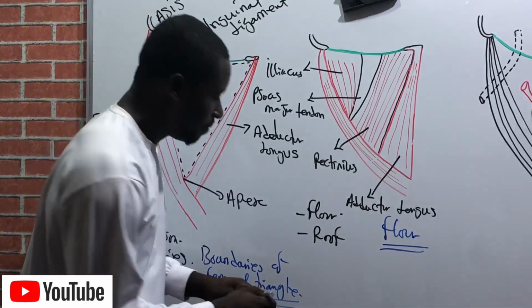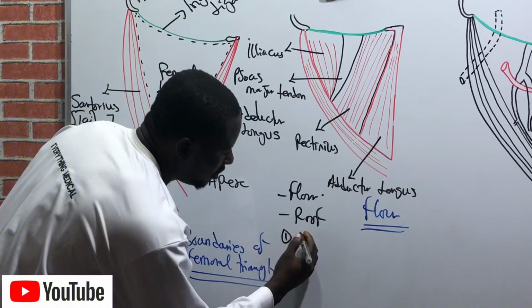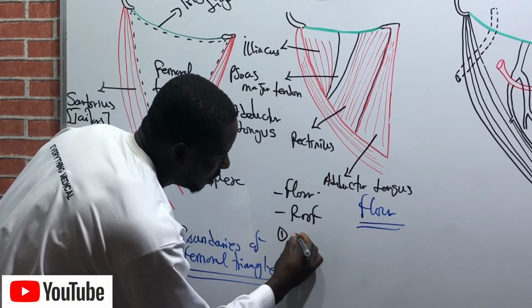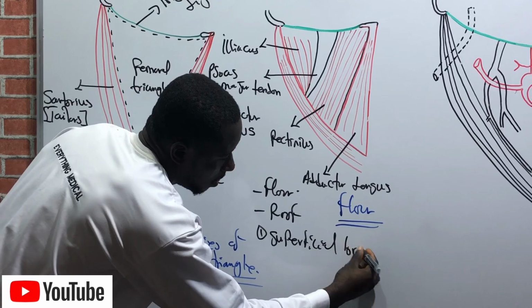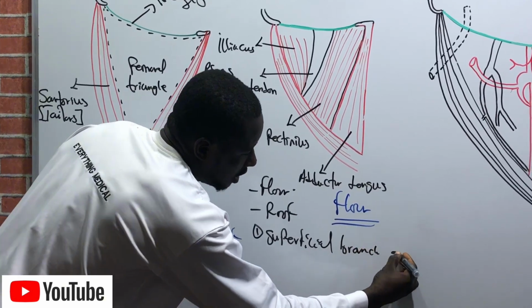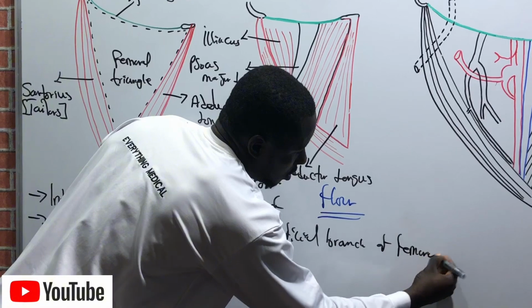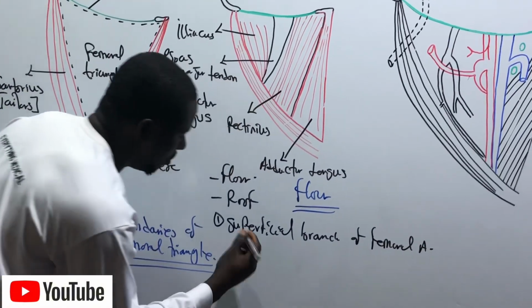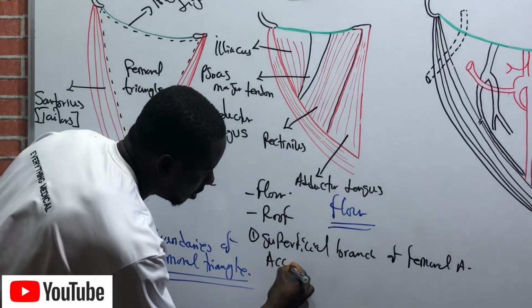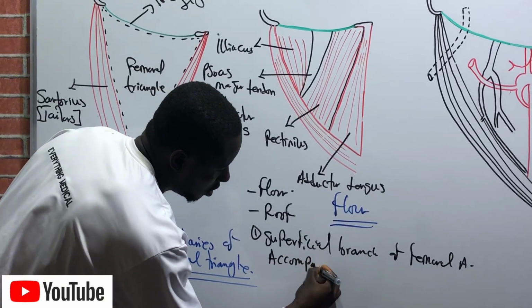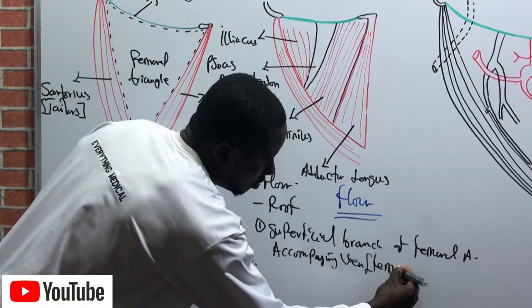Number one is the superficial branch of the femoral artery and the accompanying vein, which is the femoral vein.